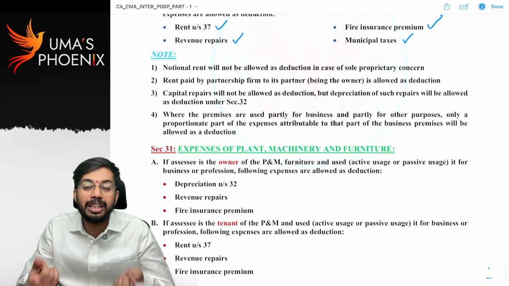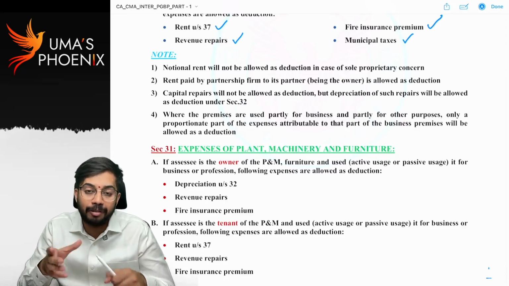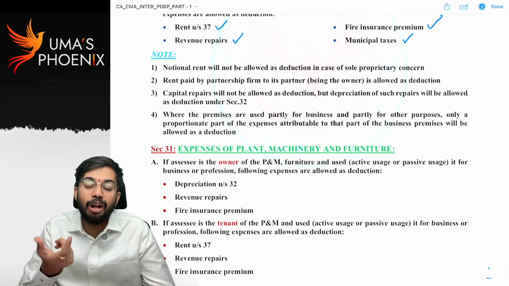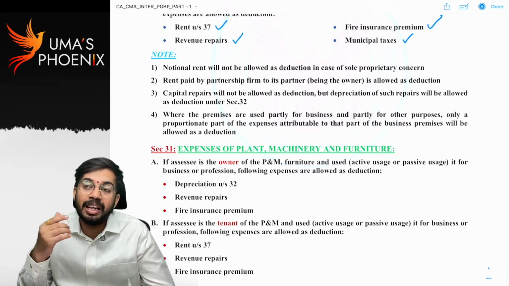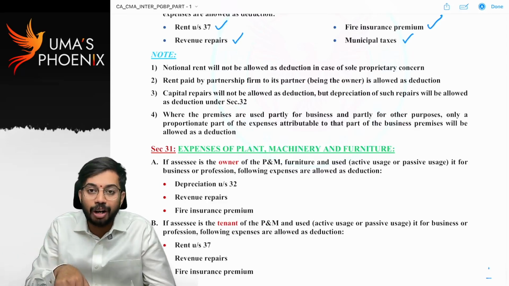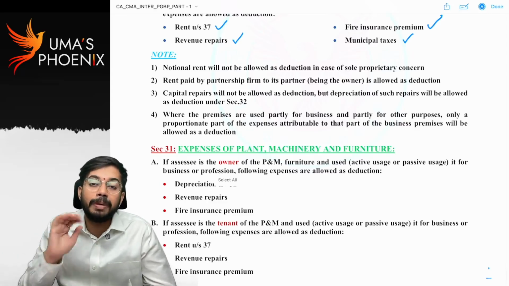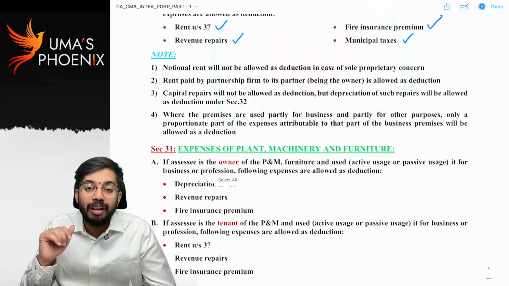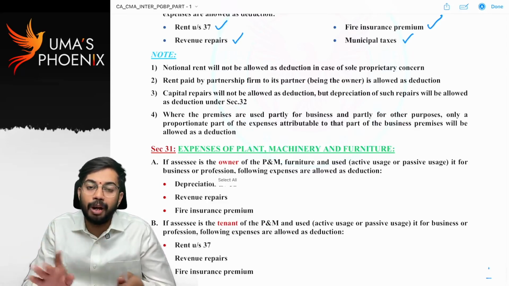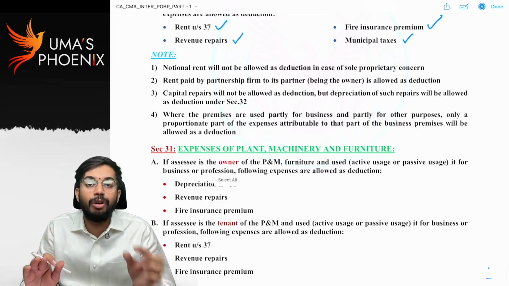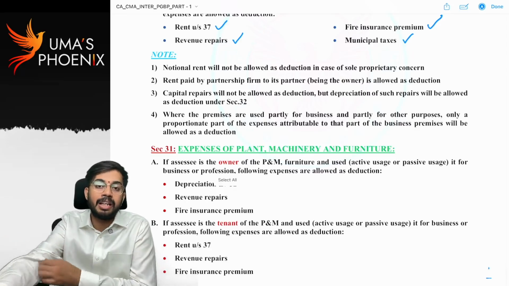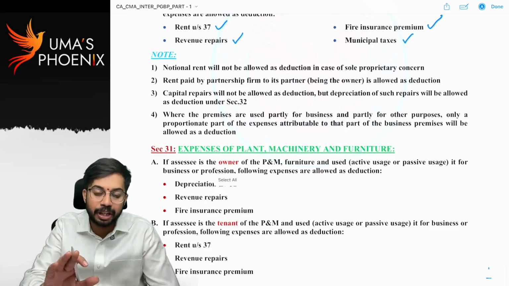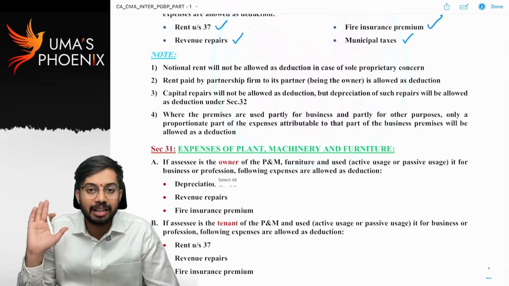As I am using this building for my recording purpose, I lost 10,000 rupees notional rent. This 10,000 rupees is loss for me because of this recording. So I will claim 10,000 rupees as deduction in P&L account. Will it be allowed? It will not be allowed. Income tax officer will disallow it. Notional rent is not allowed as deduction. In case of sole proprietary concern, if he is the owner, he can claim depreciation. He cannot claim notional rent as deduction.